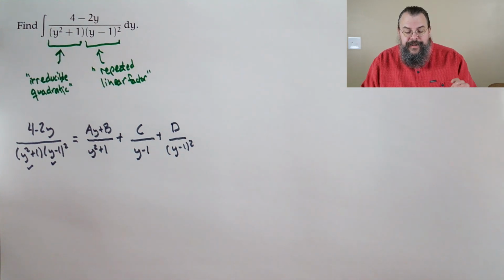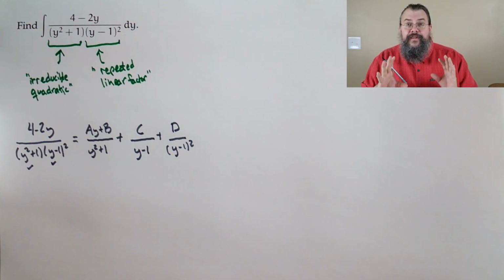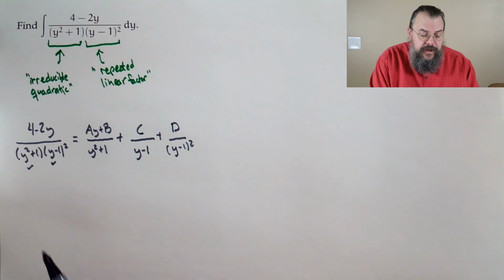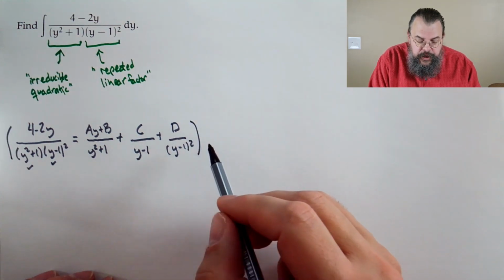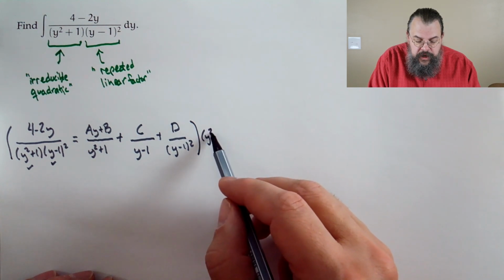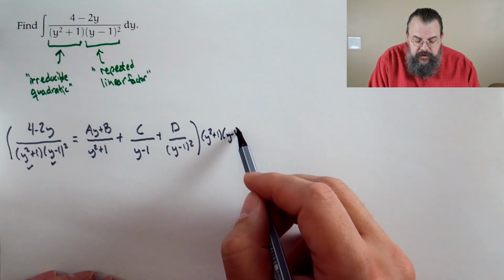Good, good. Now, the process continues as before. Clear your denominators. So we're going to multiply everything by our y squared plus 1 times y minus 1 squared.